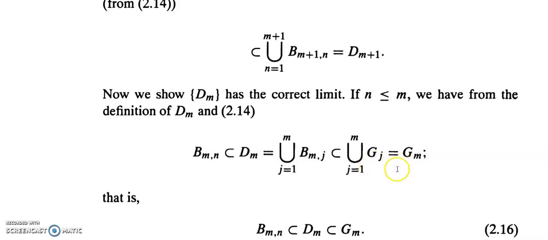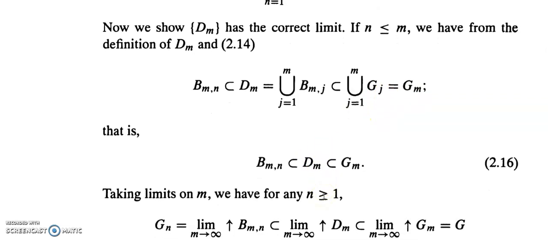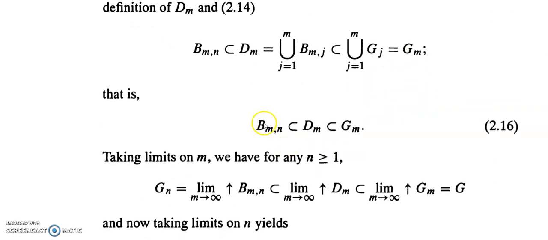Call it Gm. That is, Bmn is contained in dm, which is contained in Gm. Now letting m tend to infinity, we get limit m tends to infinity Bmn contained in limit m tends to infinity dm, which is contained in limit m tends to infinity Gm.